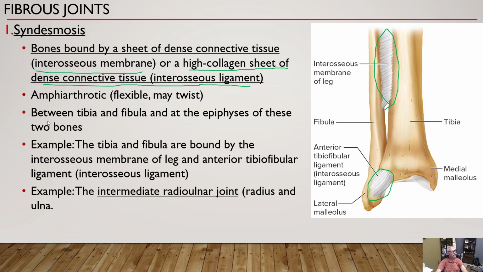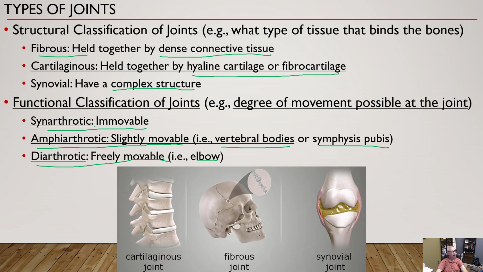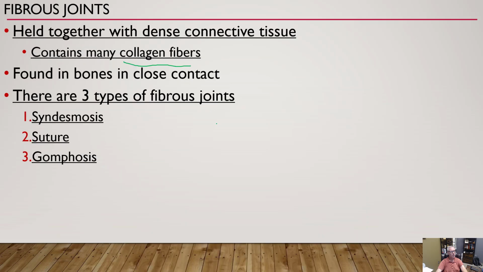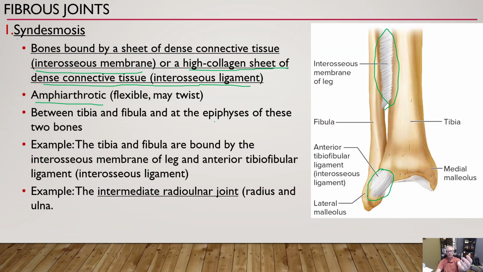And syndesmosis joints are typically amphiarthrotic. And if we go back to what an amphiarthrotic joint is, they're slightly movable. And a good example is, and I'm going to use the radius and ulna because that's what you can see in the picture. So as you rotate your hand or as you pronate your hand, those bones, the radius and ulna, are going to kind of rotate over.